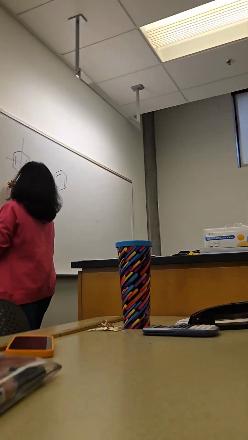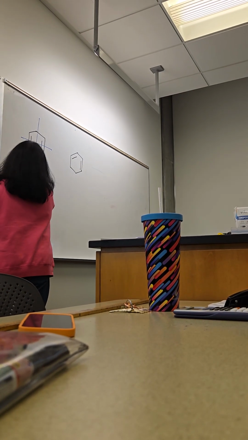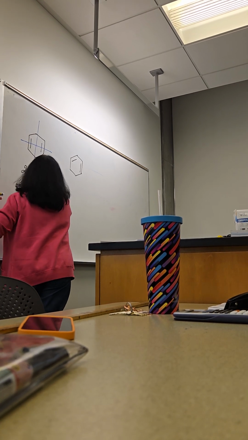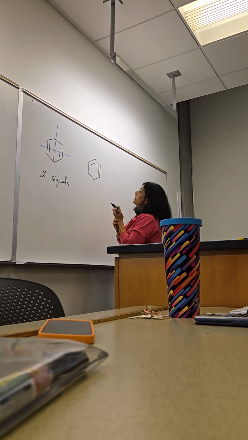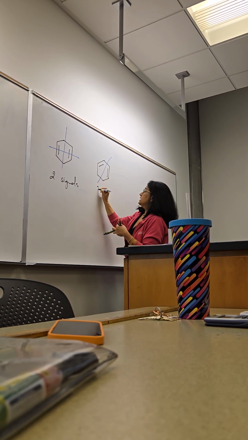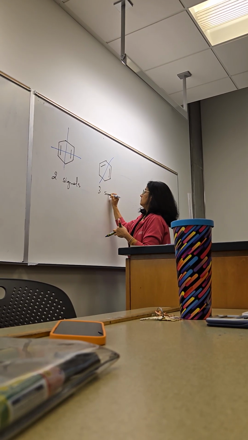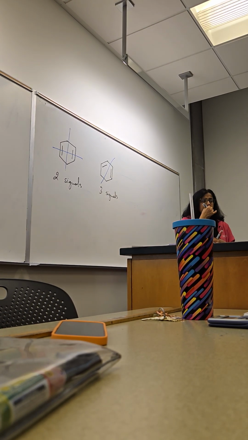So yes, absolutely, not 3. It has only 2 signals. And what about that one? Wouldn't it be 3 signals? That has only 1 plane of symmetry right there, so 1, 2, 3, exactly, 3 signals. Everybody okay? Does everybody agree?